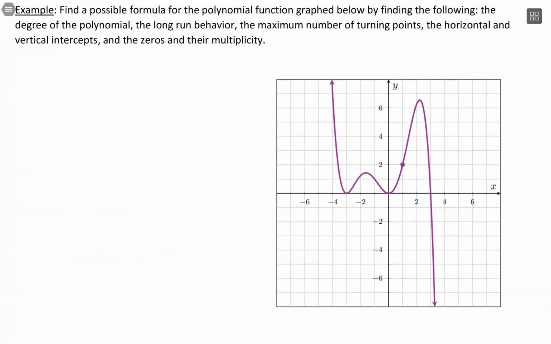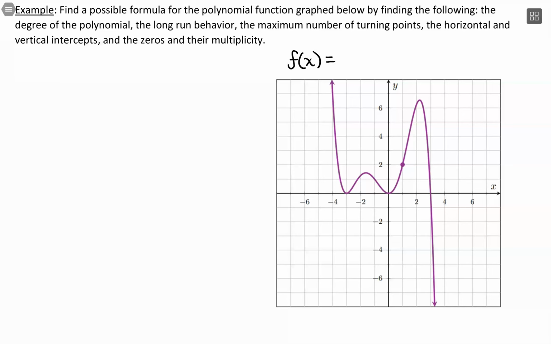Alright, now let's look at an example where they're giving us the graph and talking about those same pieces, and we're going to find the formula. Or we can even start with finding the formula. Let's go ahead with that. So, finding our formula, I'm going to have f of x equals.